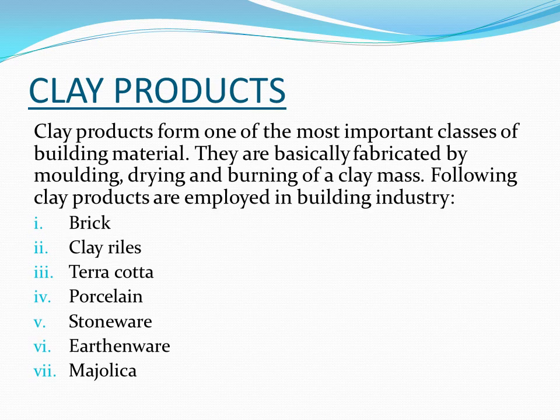Now next comes clay products. Clay products form one of the most important classes of building material. The raw materials that are used in the manufacturing of clay products are quartz, sand, slag, sawdust and pulverized coal. Structural clay products, or we can say building ceramics, are basically fabricated by molding, drying and burning of a clay mass.